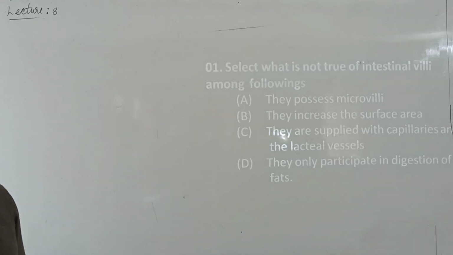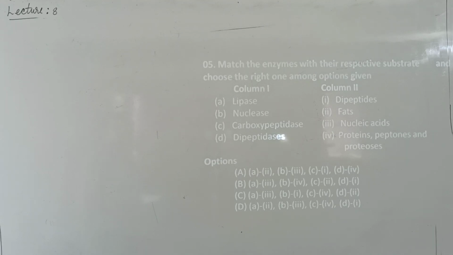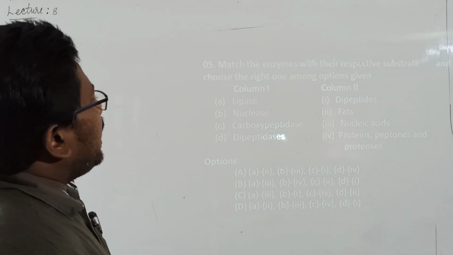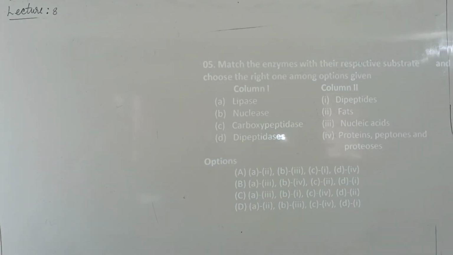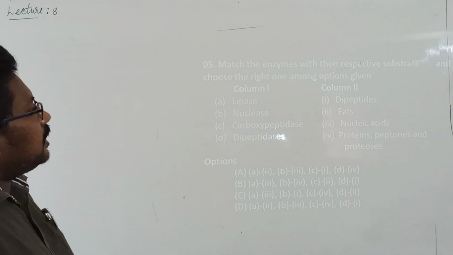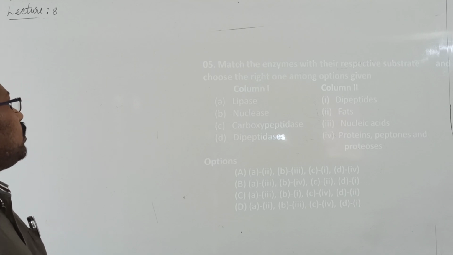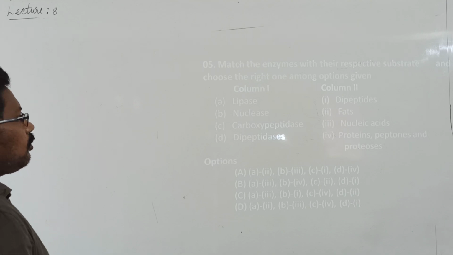Right. Now let's look at the next one. Match the enzymes with their respective substrate and choose the right one among the options given. So we have two columns given.